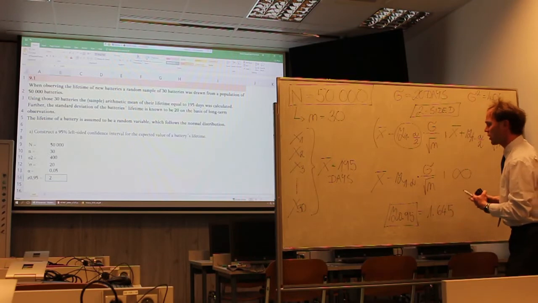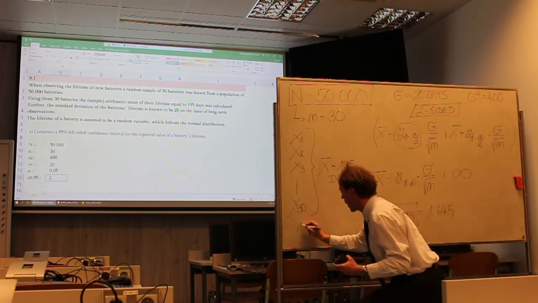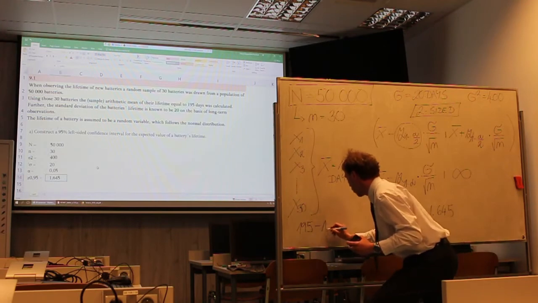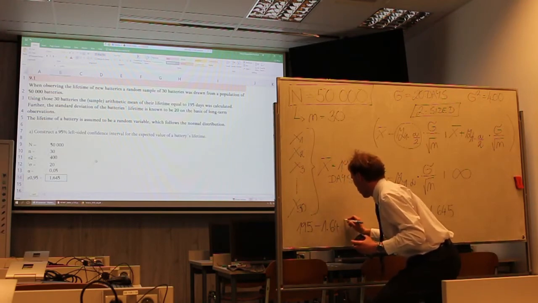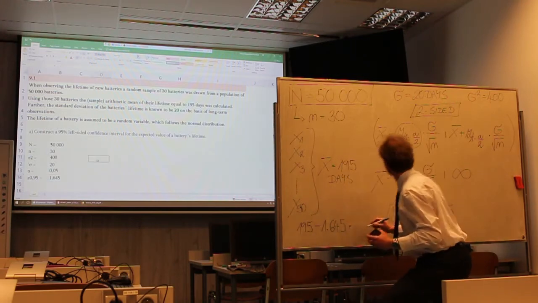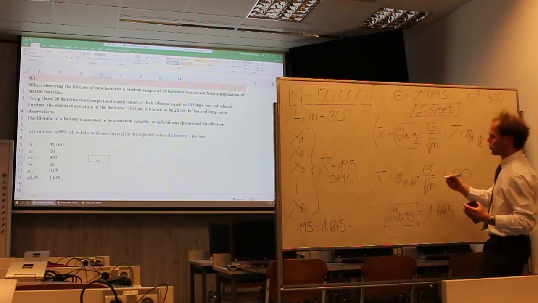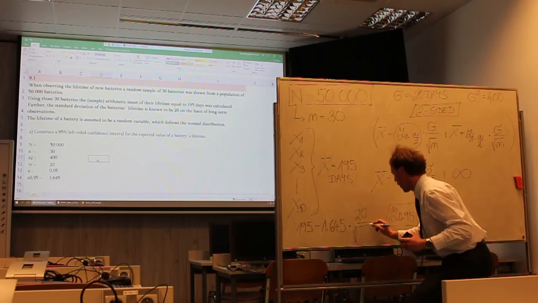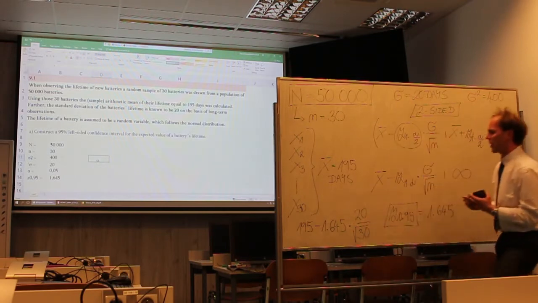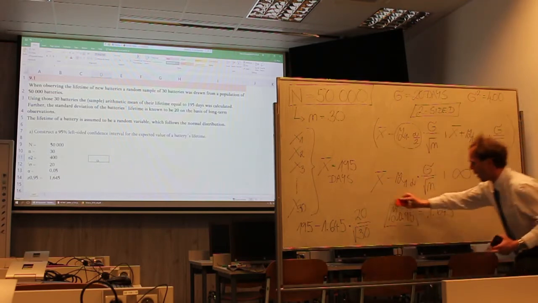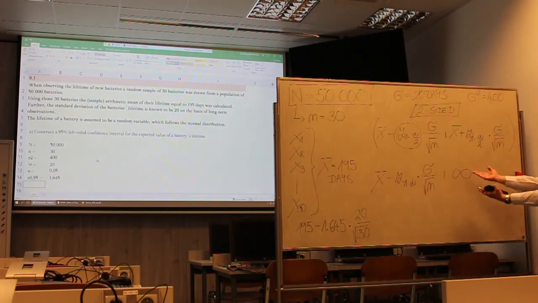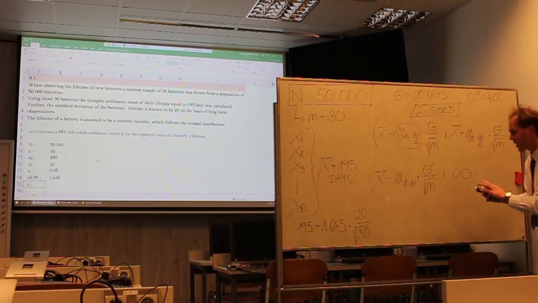So on the left side, 195 days minus 1.645 times the standard deviation 20 days divided by square root of 30 batteries. This will be the left side. The right side is unknown: infinity days.